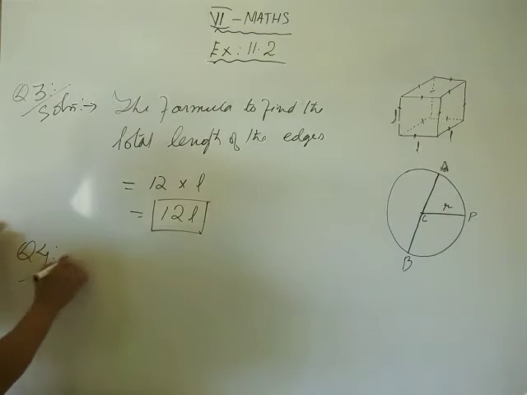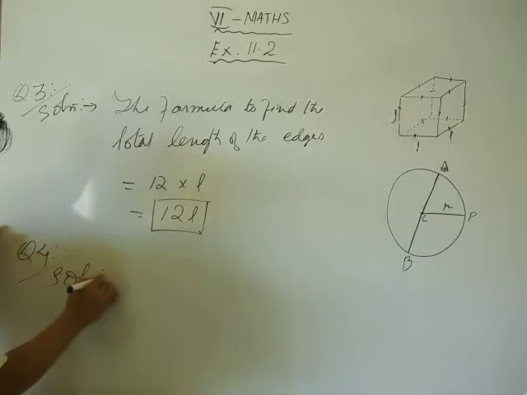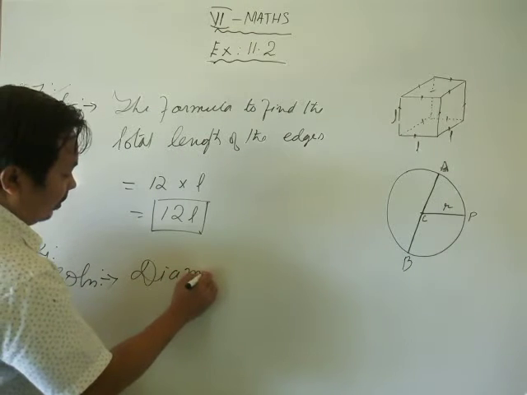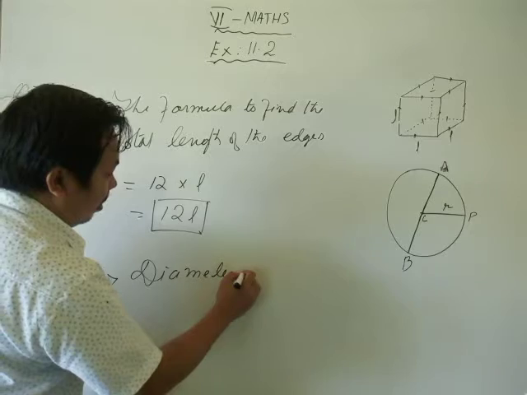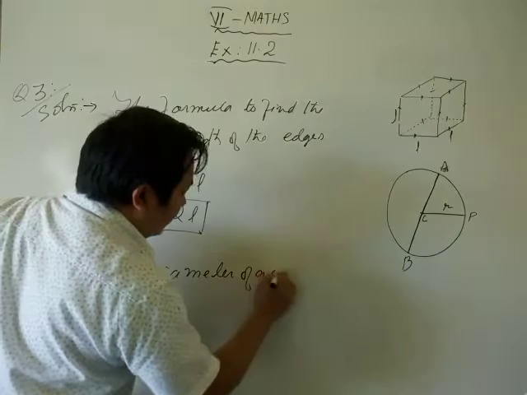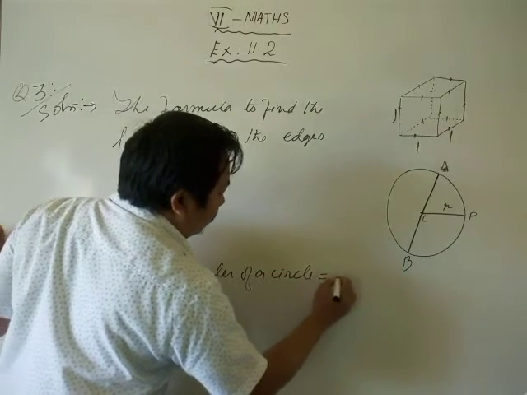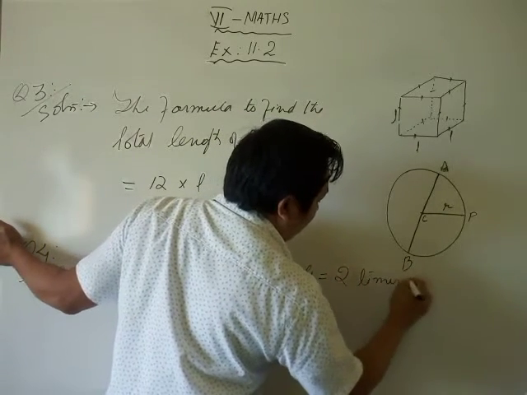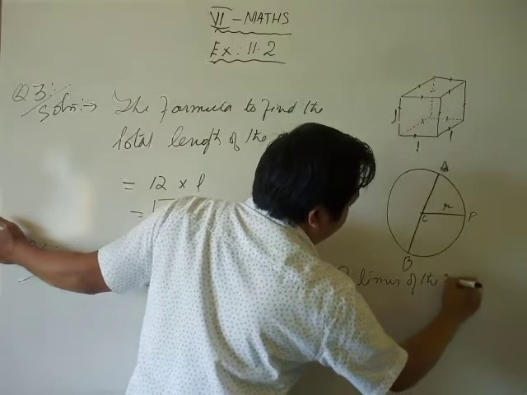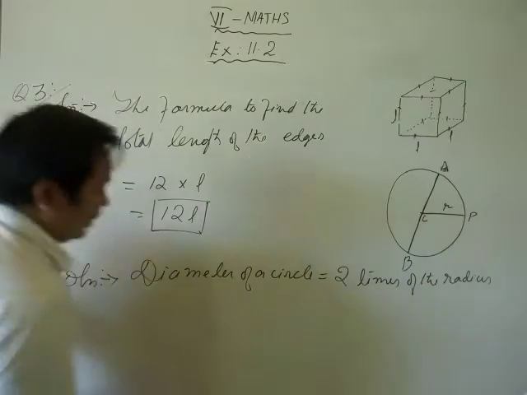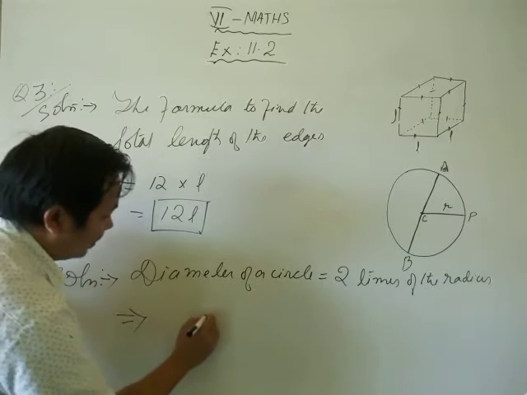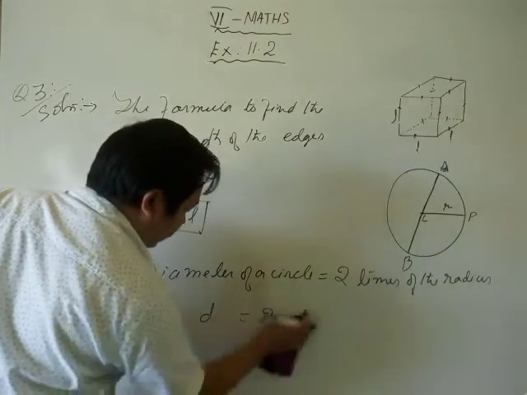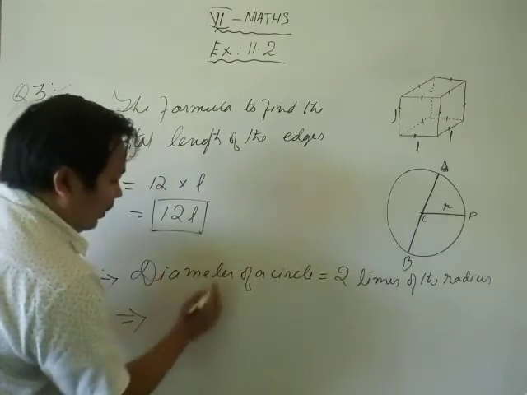So the solution is like this: diameter of a circle is equal to 2 times the radius. That implies that diameter D is equal to 2 into radius. Just 1 minute. What is diameter? Now diameter is AB.